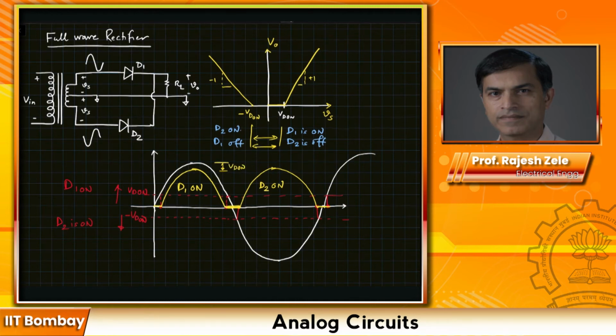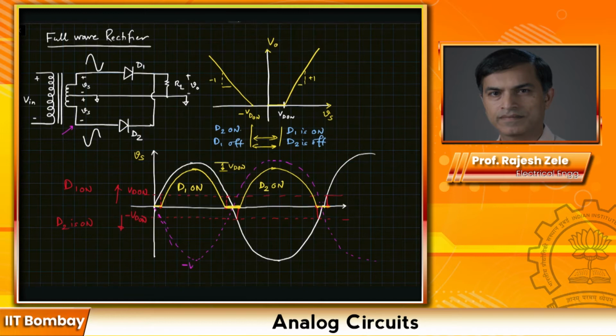The difference between these two will be Vd on. What I'm drawing here is Vs, one side of the secondary. If it's easier for you, then you can also draw this other side of the secondary, which would look like this. I'm going to draw it with a different color, something like this.